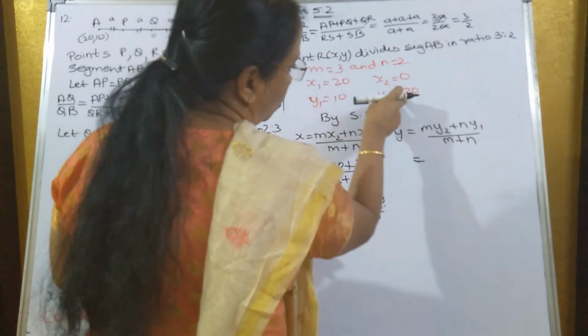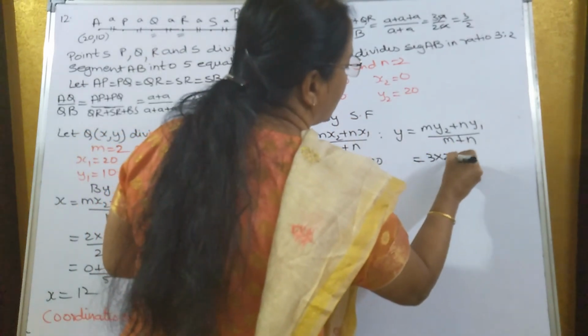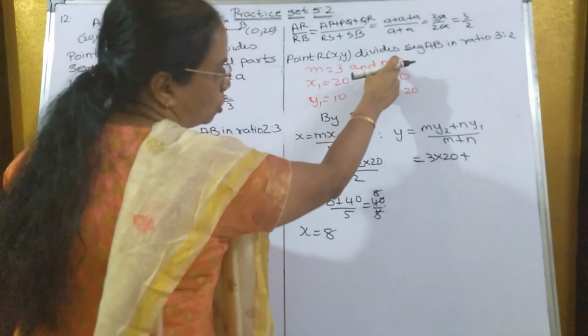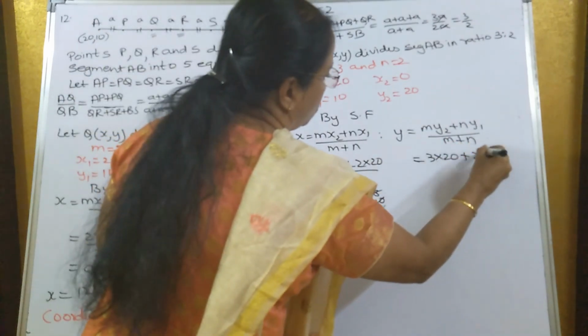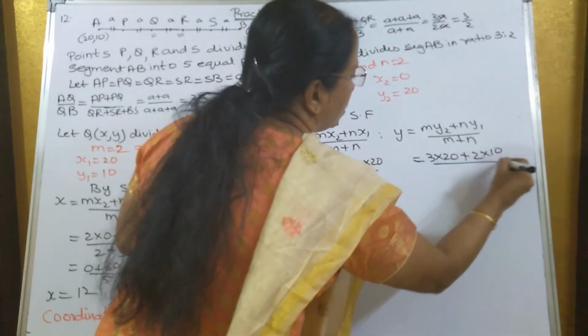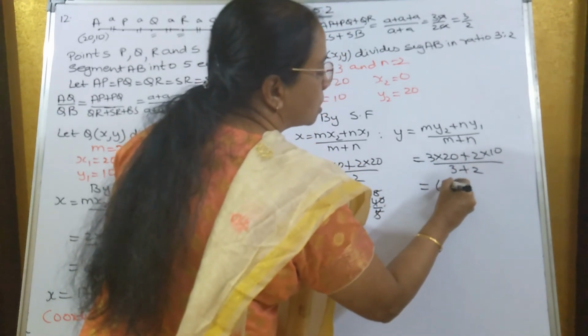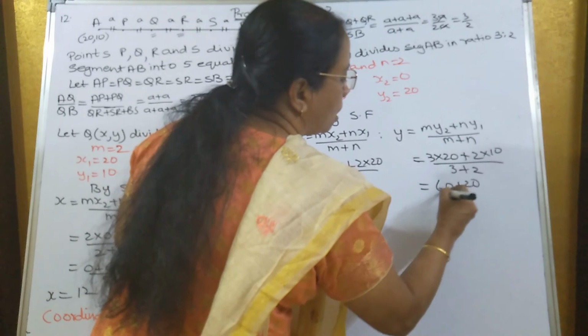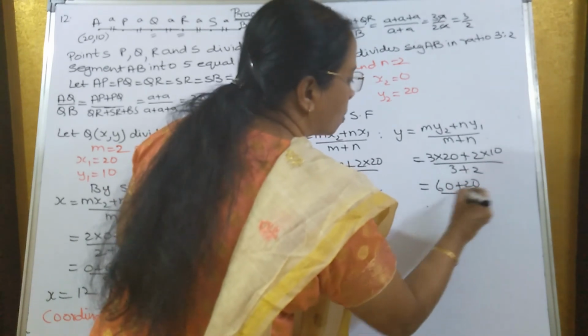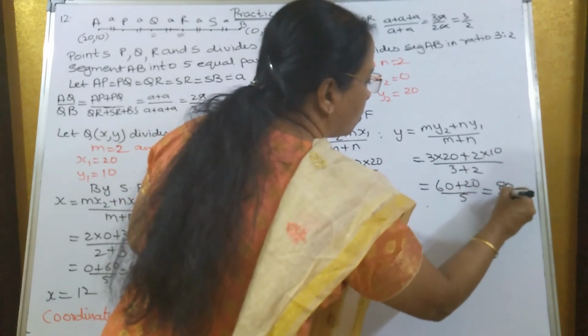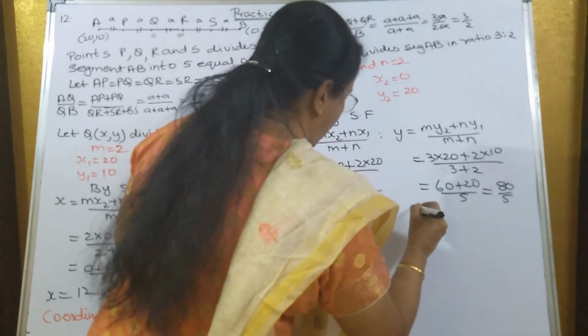3 into 20 plus 2 into 10 upon 3 plus 2. So that's equal to 60 plus 20 upon 5. That is equal to 80 upon 5. So Y is equal to what?